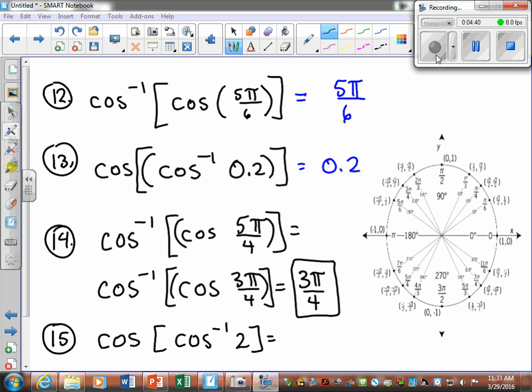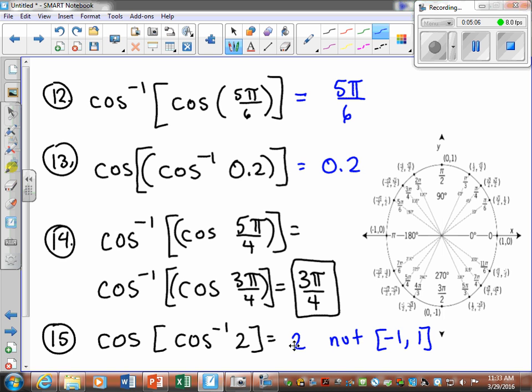Okay, let's do one more. So cosine inverse of cosine of 2, it's going to be the x value, which would be 2, but since this outside function is cosine, the values are going to be from -1 to 1. 2 is not in the interval from -1 to 1, so in this case the answer is just undefined.